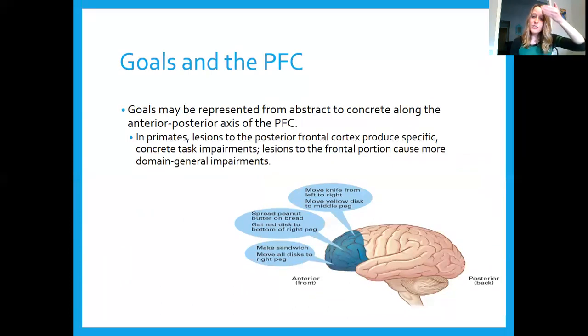If we look at just the prefrontal cortex, the more anterior regions, we see that activity in that region seems to correspond to planning at a more abstract level, and that planning becomes more concrete as we move towards the posterior of the prefrontal cortex.